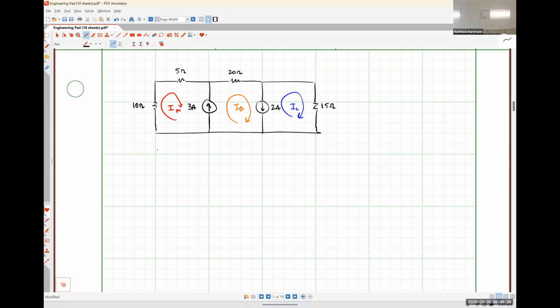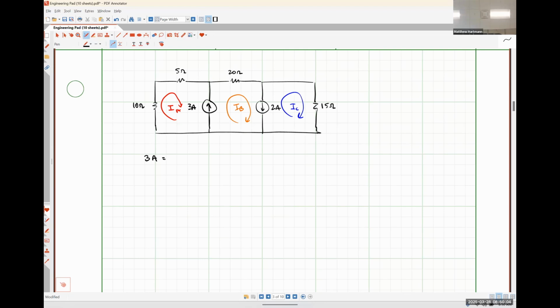So let's start with the 3 amp source. How would I express that 3 amp source in terms of my mesh currents? What was that, Mr. Maestri? Which mesh current's flowing in the same direction?